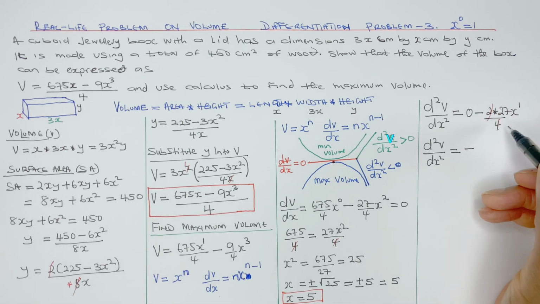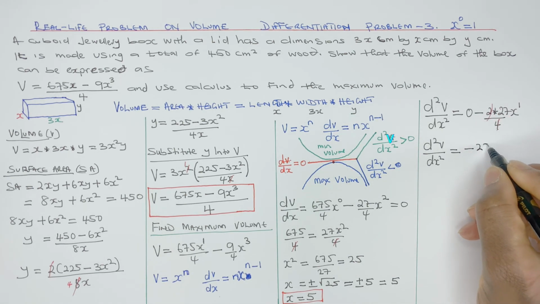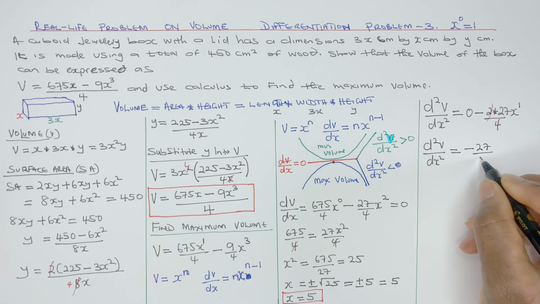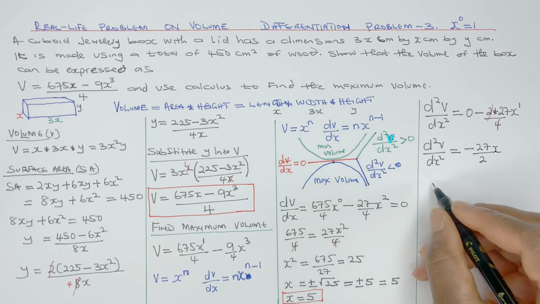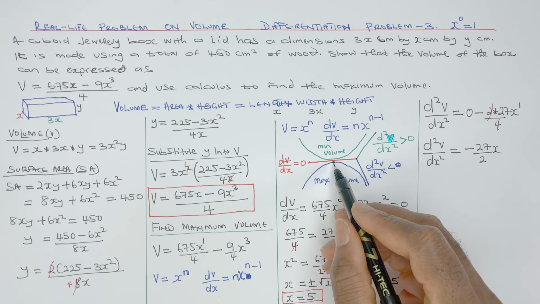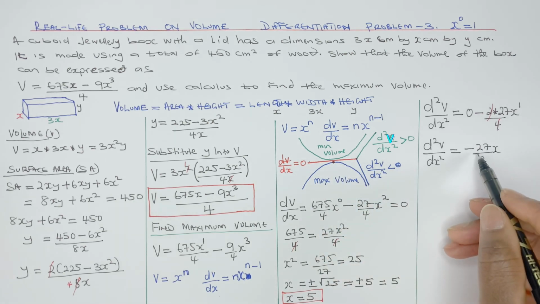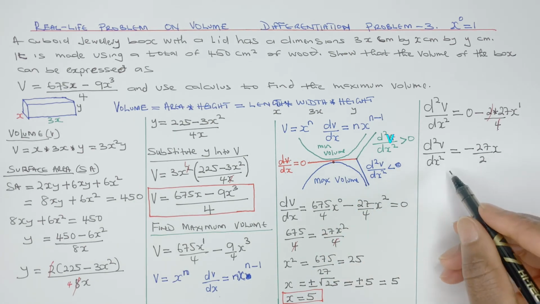So that will be 2 there. So that will be 27 over 2 x. So when x is 5, because that's the point we want to show, you can see it's negative anyway. So when x is 5, it's going to be negative.